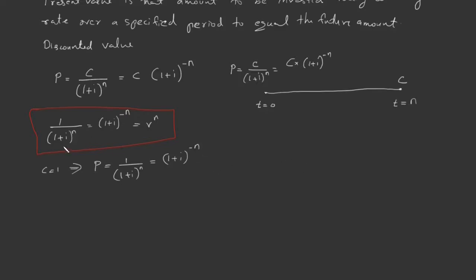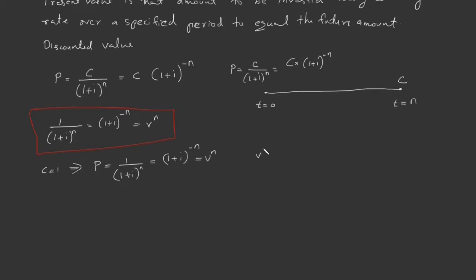So what is 1 by (1 plus I) the whole raised to n, or (1 plus I) the whole raised to minus n? It is equal to the present value if C is equal to 1. And we know I is the interest rate and n is the number of periods, that is time. We know this is v raised to n.